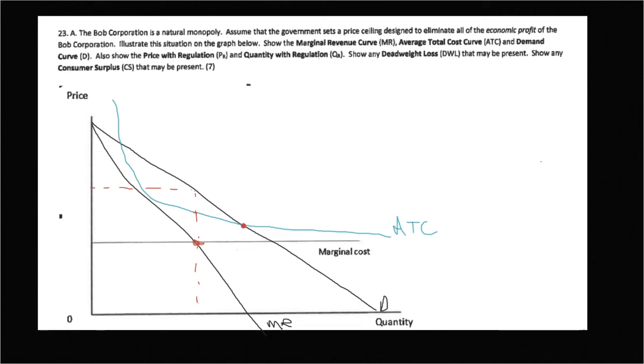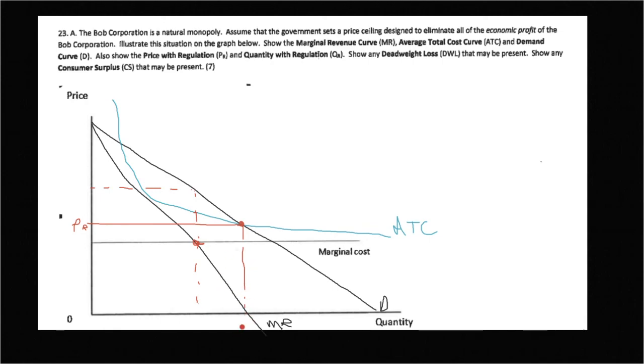So if we set the price equal to the average total cost, this price minus average total cost is 0. So this is the price with regulation, PR. And this is not supposed to be where it necessarily intersects the marginal revenue curve.